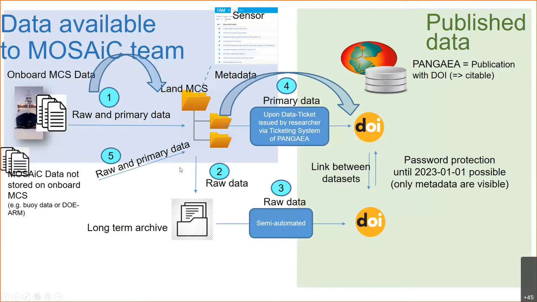There are also certain data types that did not flow to this MCS directly. These are some exceptions. For example, buoy data, which did not travel towards the MCS, but were instead published at the MARE-ICE portal, or the DOE ARM data, which also haven't been stored to MCS, but for these sensors we also aim to make information available in the respective folders where these data can be found.